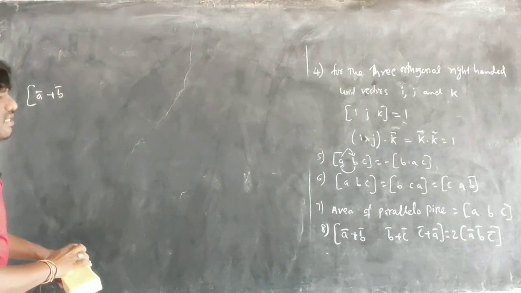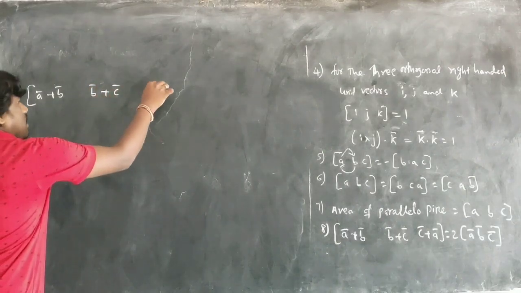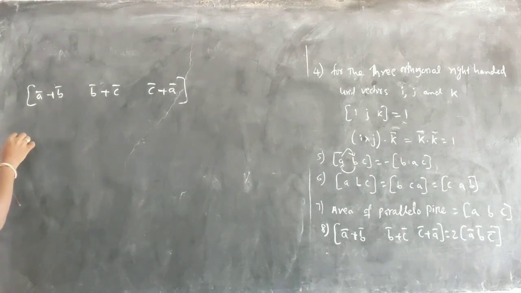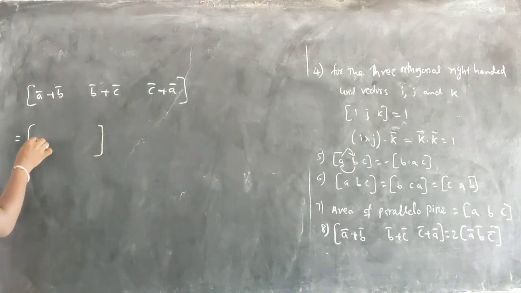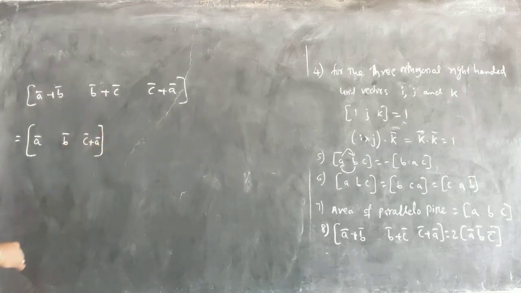A vector plus B vector, B vector plus C vector, C vector plus A vector. Whenever you have it like this, what do you do here? Using the first property, I can use this one, A vector, B vector plus C vector plus A vector.